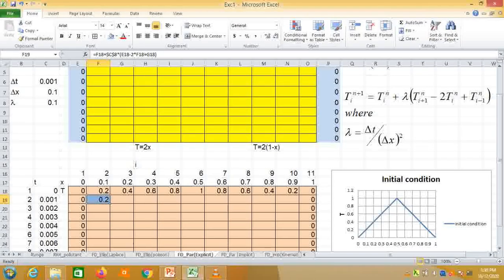So obviously here, n plus 1 is going to be 2, and i is going to be 2 again. Since n plus 1 is 2, obviously n is 1. So n is 1 and i is 2.